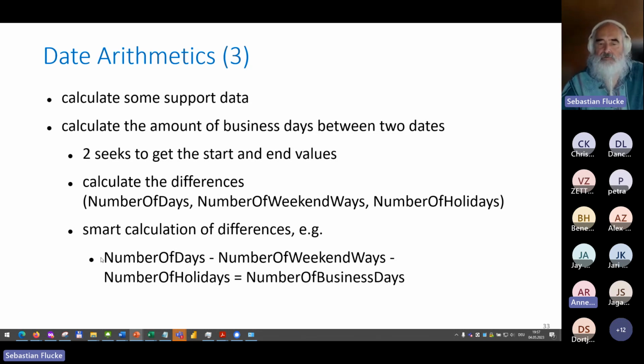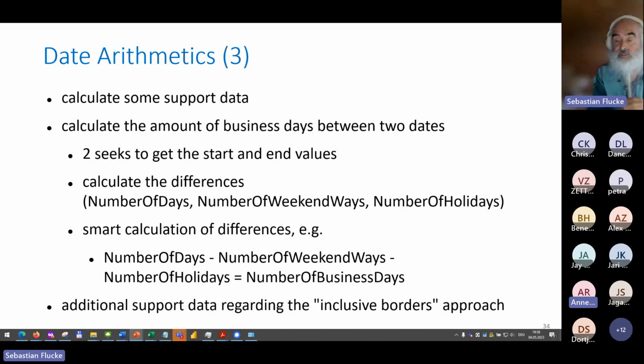For example, the number of overall days minus the number of weekend days minus the number of holidays in a dedicated time range is the number of my business days. Independent from how long my range is, I have to seek two records, grab some of those pre-calculated values, and do some smart difference calculations, and that's it. That mechanism is independent from how long the range is.